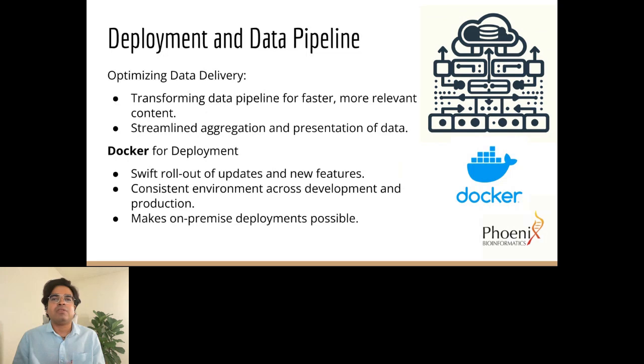But there's more. Docker also facilitates on-premise development, allowing us to deploy our application to organizations which have privacy concerns and want to integrate their own data on top of our application. So this makes TAIR easily adaptable to ever evolving requirements from our users.